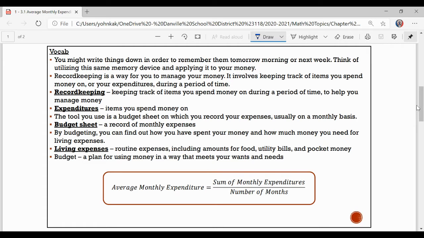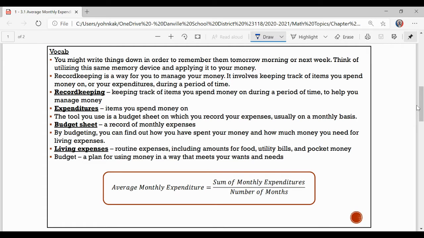The tool that you use is a budget sheet, and on this, you record your expenses, usually on a monthly basis. By budgeting, you can find out how you have spent your money and how much money you need for living expenses. Those living expenses are routine expenses that include amounts for food, utility bills, pocket money, things that you need to live from day to day.